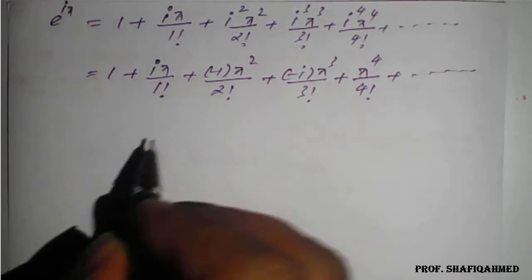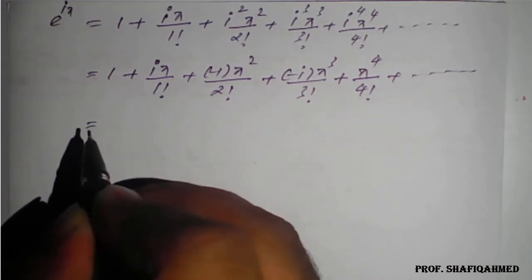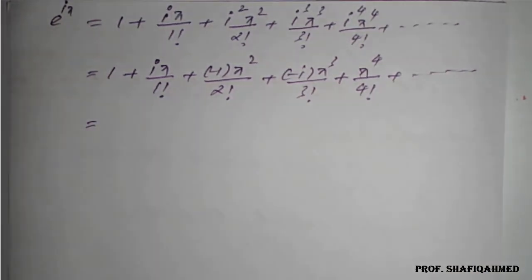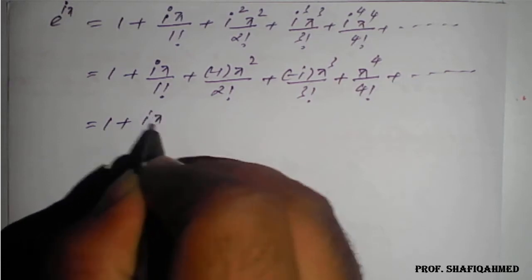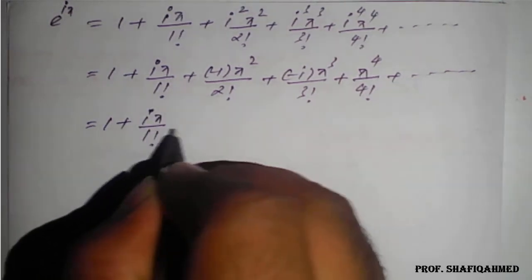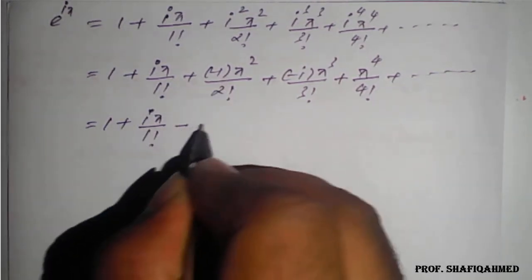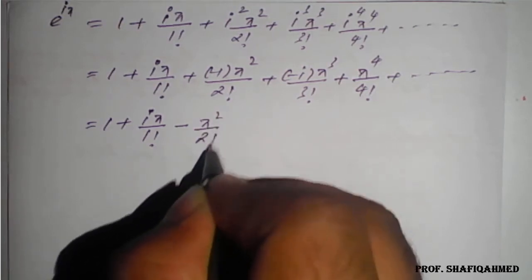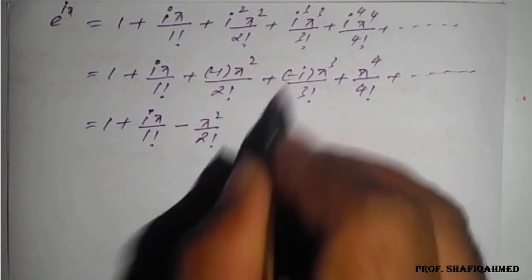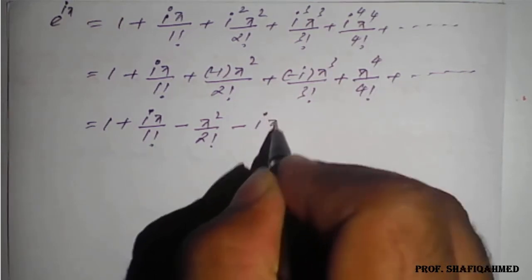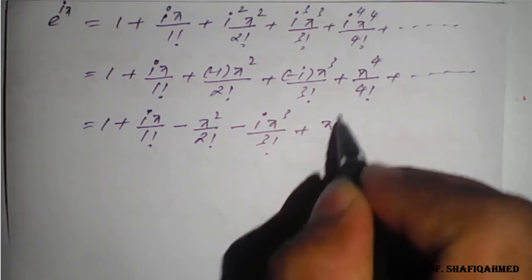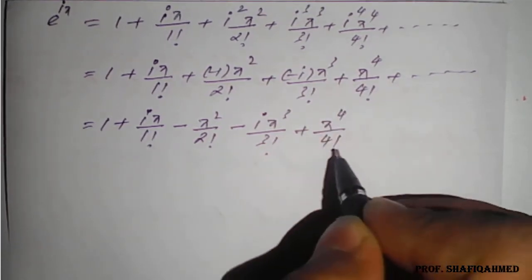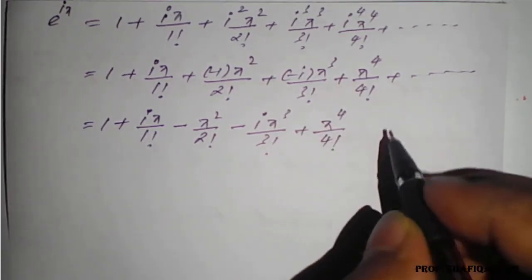So on separating this, what is the separation here? We'll take the terms free from i on one side and with i on the other side. Before that I will arrange: 1 plus ix divided by 1 factorial, plus into minus is minus, so x square by 2 factorial, minus plus into minus is minus i x cube by 3 factorial, plus x raised to 4 divided by 4 factorial plus.